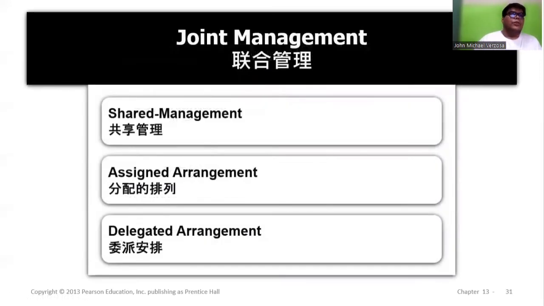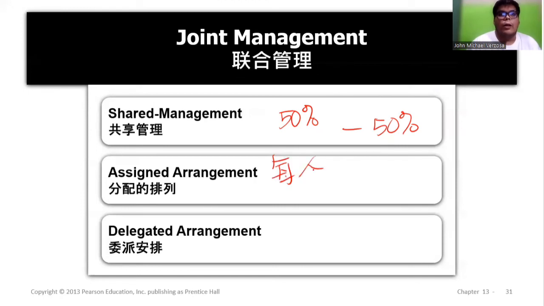Now, how about the joint management? Okay, so again, this is a different scenario. It's similar to the one I gave you a while ago. This one for the assigned. And this one is delegated.